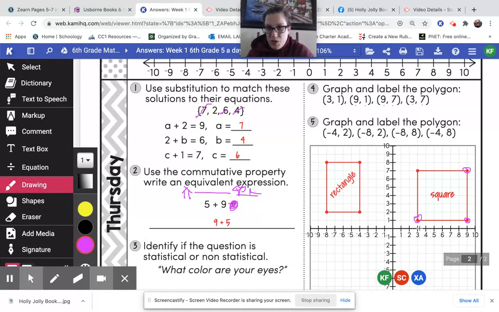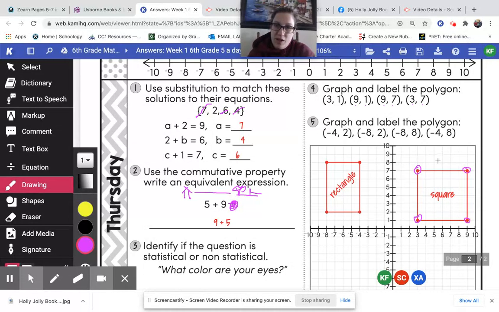I go over, positive 3, up 7. And then when I connect these lines, I can see that they're all 1, 2, 3, 4, 5, 6 units in length all the way around, so it has the same length sides. And they're all right angles, so therefore this is a square.